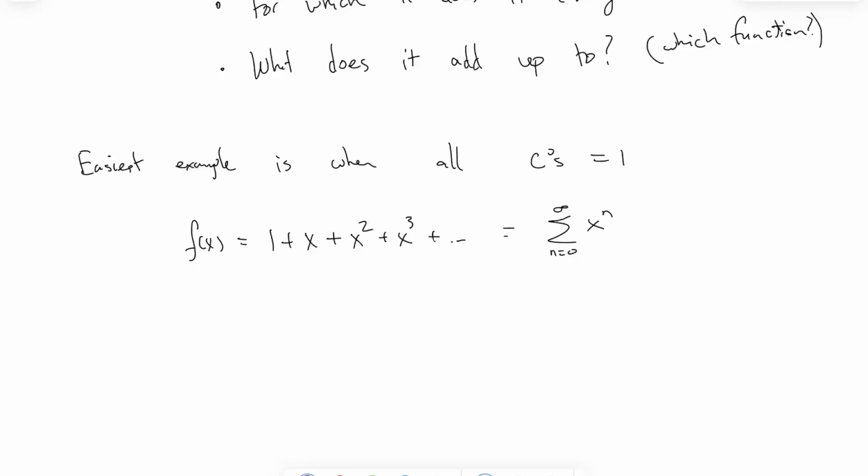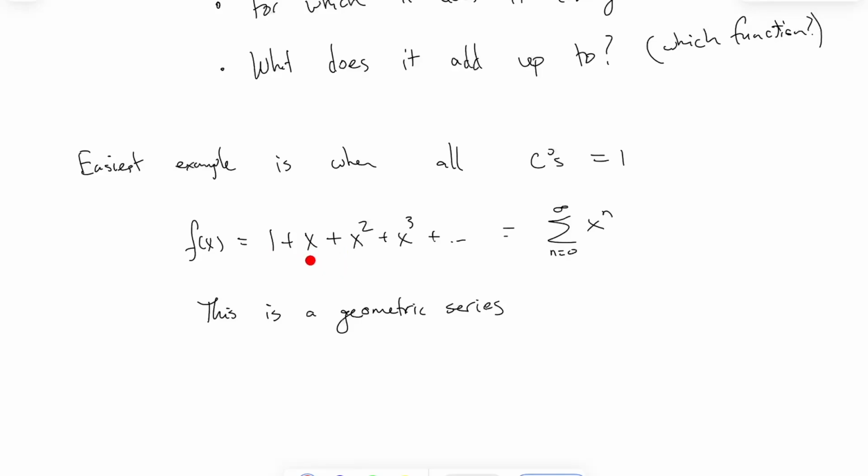For which x does it converge? Actually, you look at this, and in this example, I recognize what that is. This is a familiar type of series. This actually is a geometric series, because each term divided by the previous one, you always get the same answer.